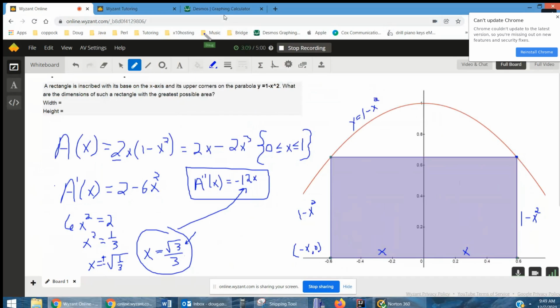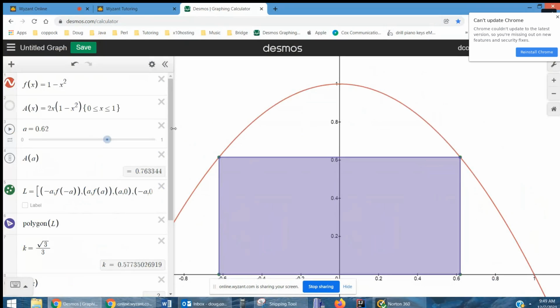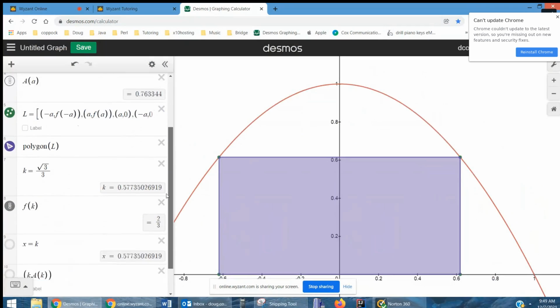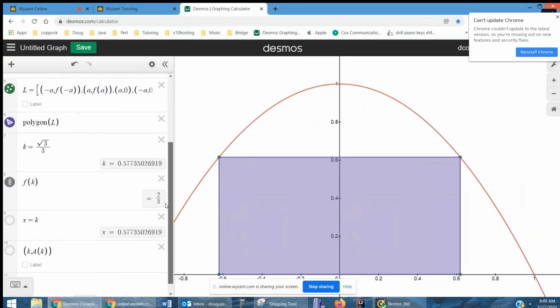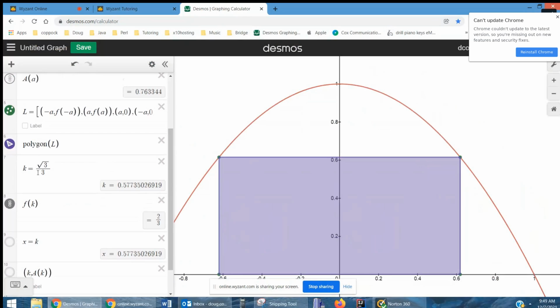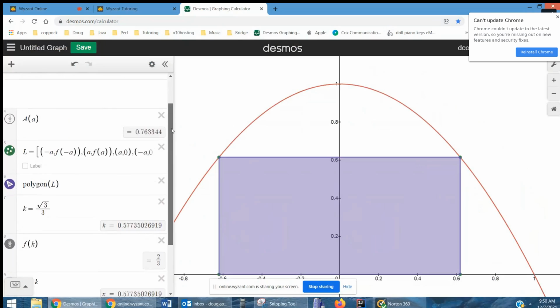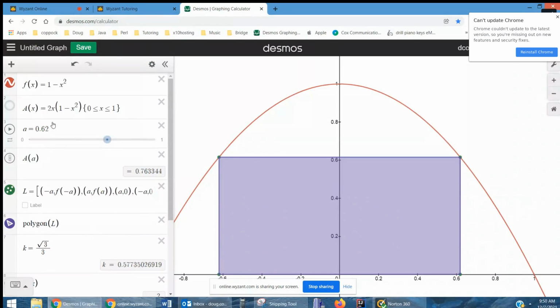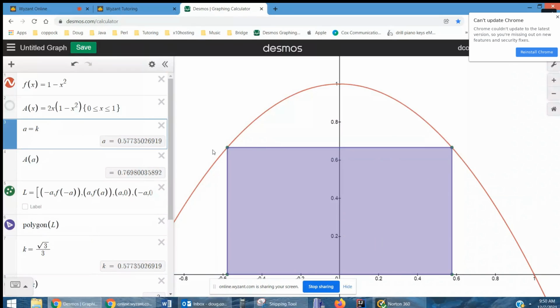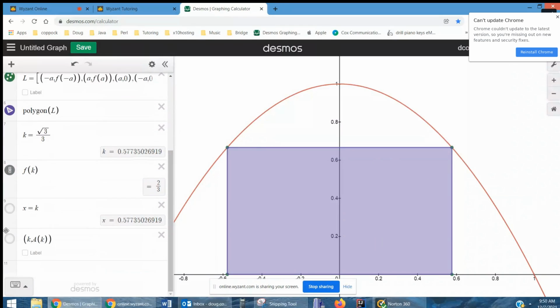Okay, and if I go back to Desmos, I let k equal radical 3 over 3, so that's the value that gives me the maximum area. I set this to k, and if I want, I can enable this point right here.